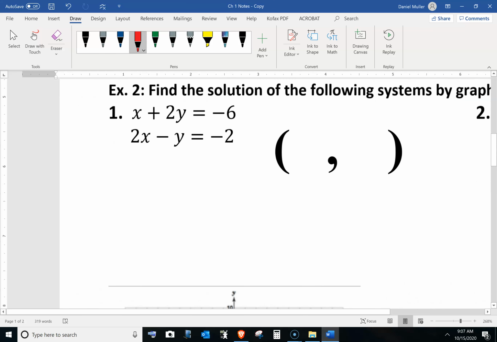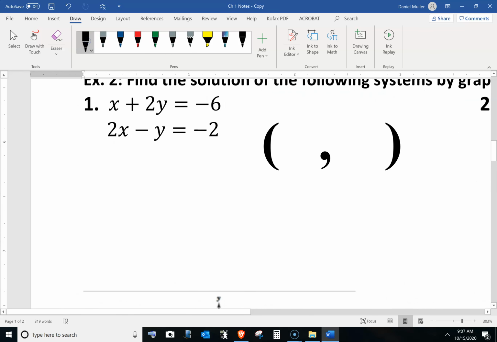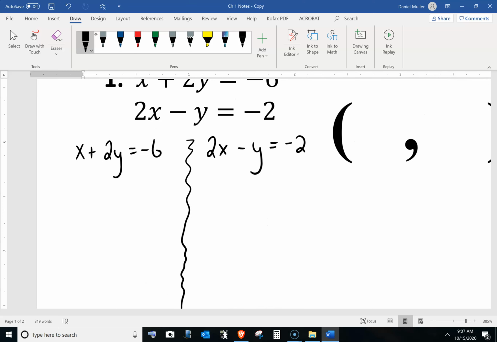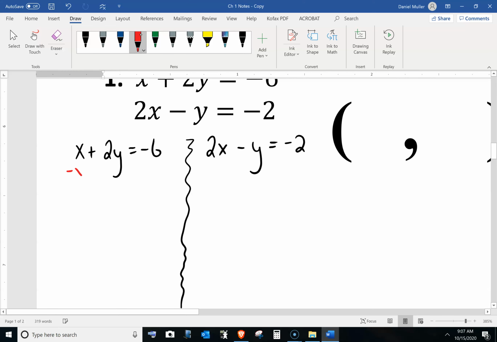So what I'm going to do here, and I don't have much space, is write this x plus 2y equals negative 6. And I'm going to write this 2x minus y equals negative 2. And I'm going to get these equations where the y is alone. So we can minus this x over to this side.